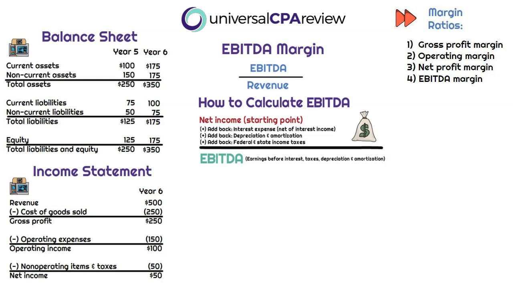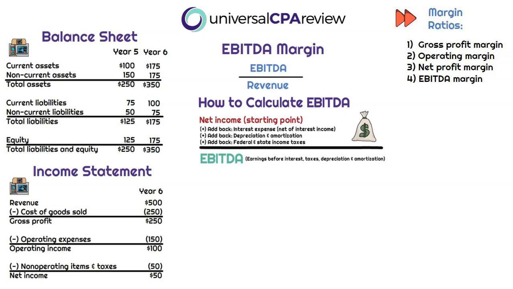So if we add that back, that basically tells us what the cash flow of the business is for just normal course of business, getting rid of whatever the capital and legal structure is. While the formula for calculating EBITDA margin is simple, it's just EBITDA divided by revenue, it can sometimes be a little tricky as to how we arrive at EBITDA.